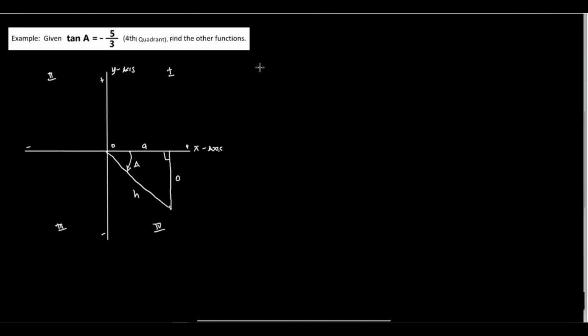And for the given tangent A, it is -5/3. To identify which is the negative sign, A is on the x-axis, that's the right side, and it is positive. So therefore A is positive, while the opposite side, that's downward, is a negative value.